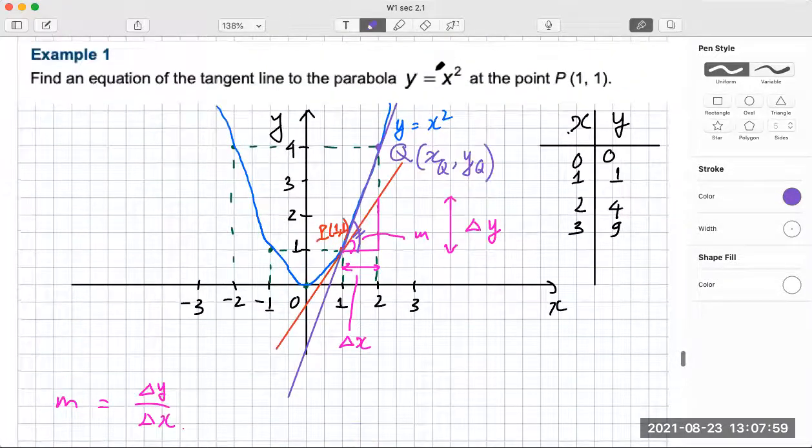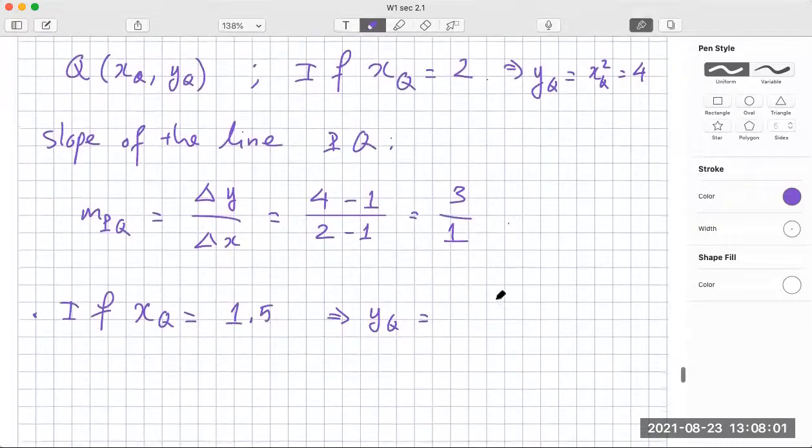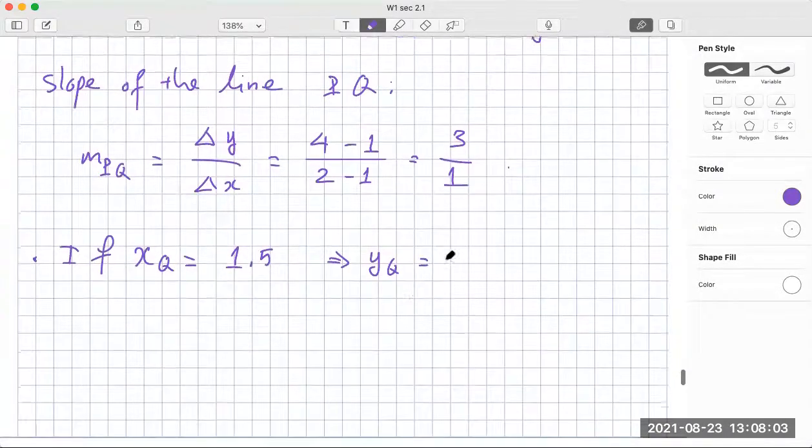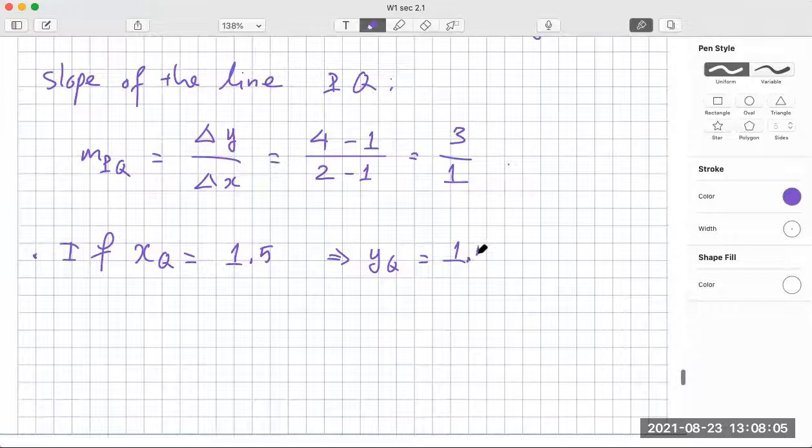What is it? 1.5 squared, right? But in math, we prefer fractions to decimals. 1.5 is 3 over 2, and they're all squared. It would be 9. What is it? Yes, 9 over 4. That is the y coordinate of Q in this case.